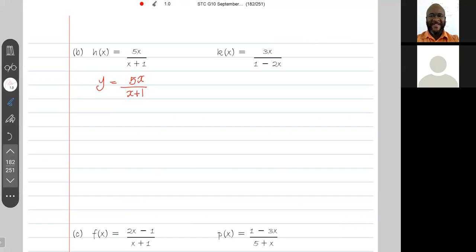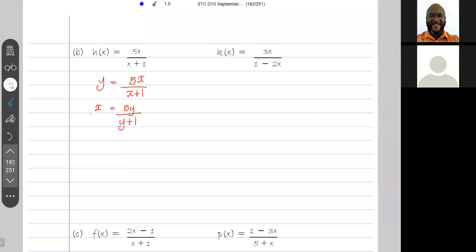Now, step 2 is to interchange x and y. That means wherever I see x, I'm going to put y, and wherever I see y, I'm going to put x. So I have x is equal to 5y over y plus 1. Now, step 3 is to make y the subject again.